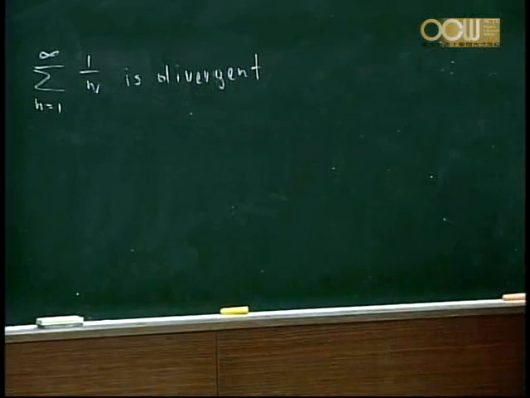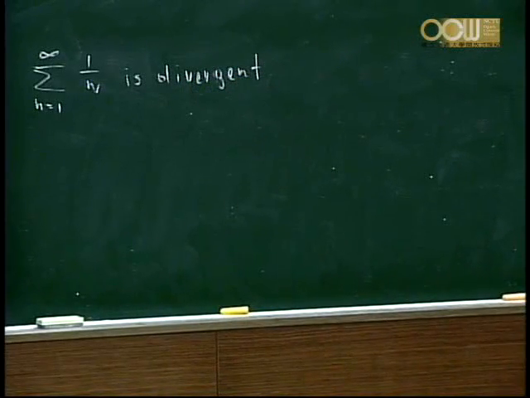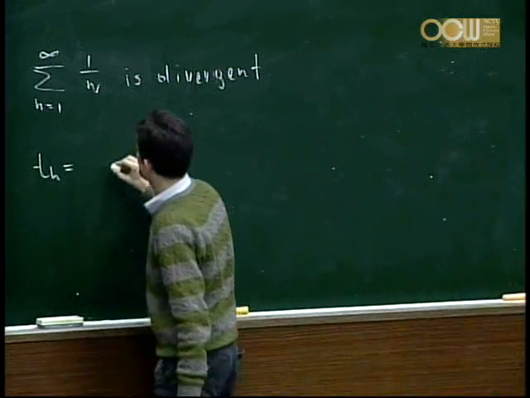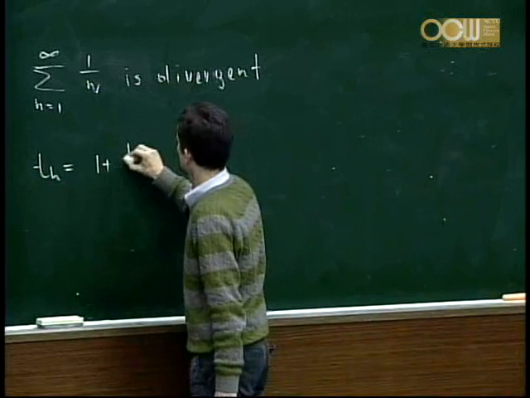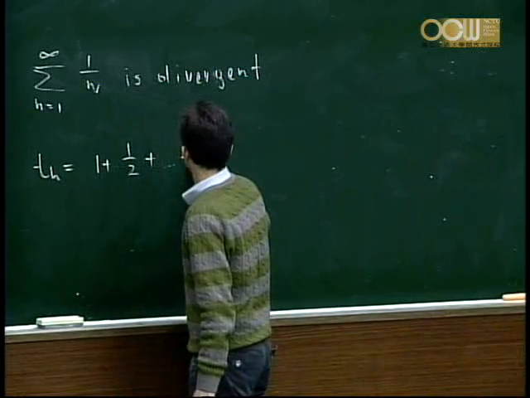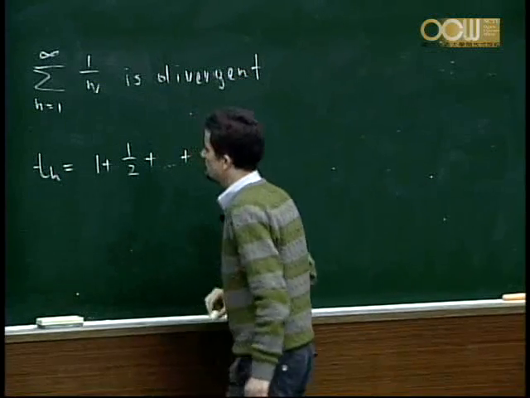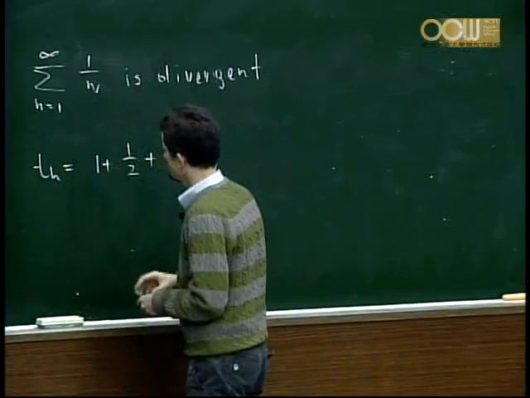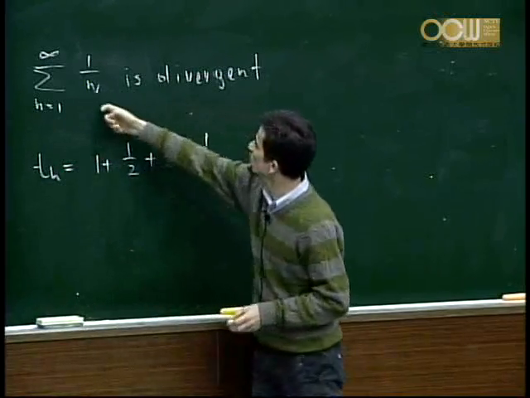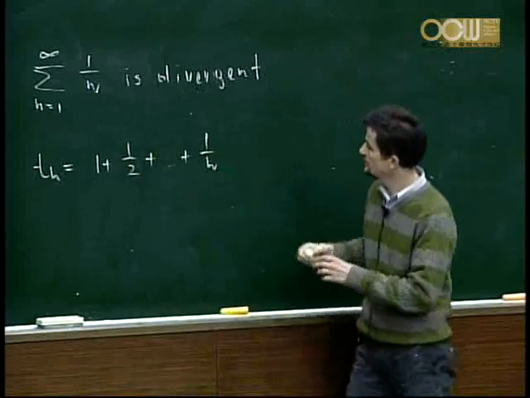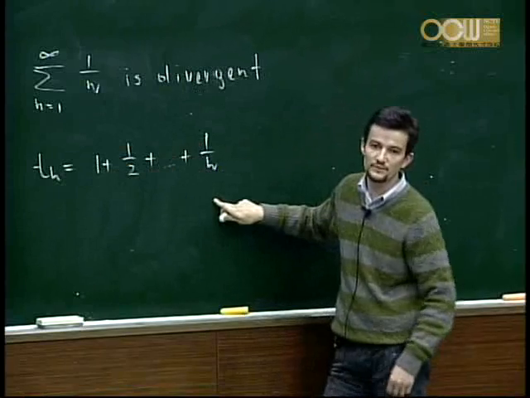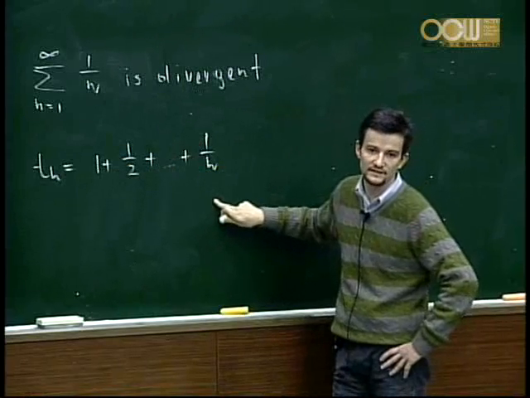There is an interesting exercise in our textbook which asks you to discuss this. Because this series is divergent, if you look at this sequence here, it will tend to infinity as n tends to infinity.